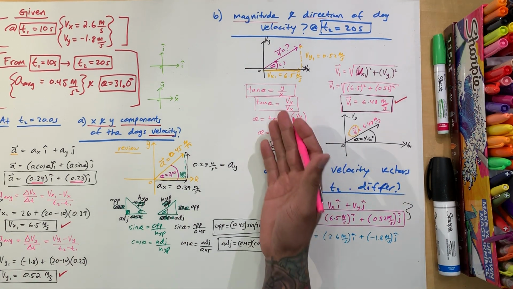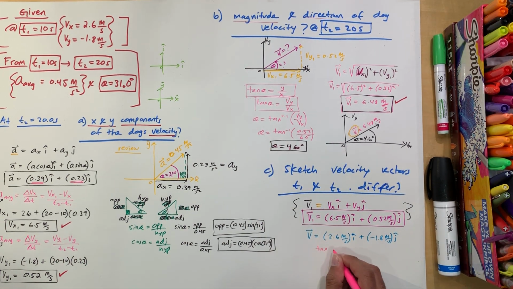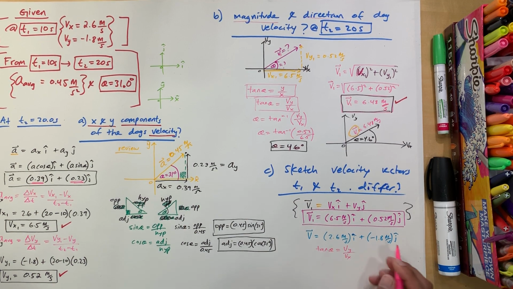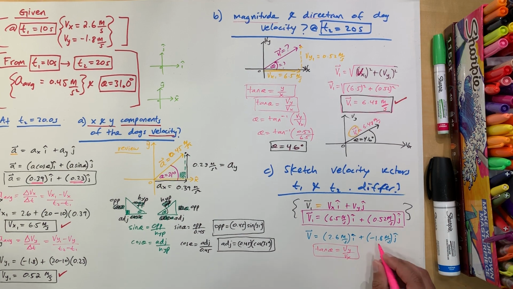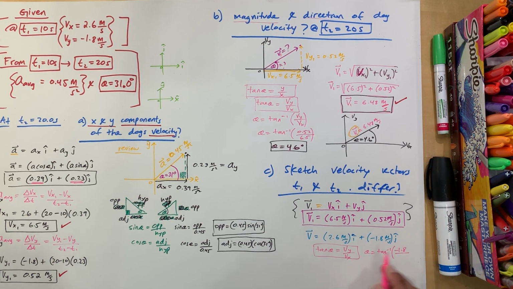For the angle, again, we use tangent theta equals Vy over Vx. So inverse tangent of Vy over Vx. Vy is negative 1.8 meters per second, and Vx is 2.6 meters per second.